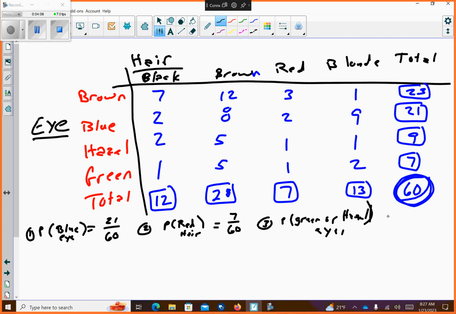So you have 9 plus 7 out of the 60, so that's going to give me a 16 out of 60 chance of drawing somebody out. I'm on page 207 for those of you needing to find the page.